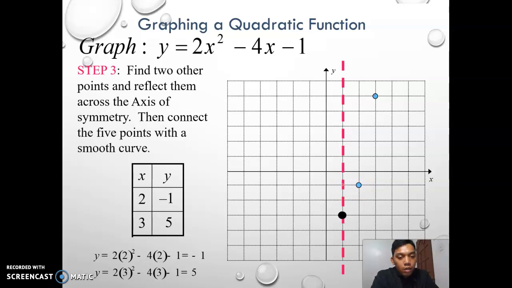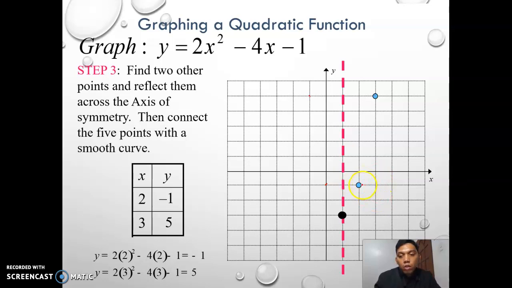So if I locate that on the other side, I will count also 1 unit to the left. So it's here. And this one is 2 units away, so I'm going to count also 2 units. 1, 2. These are the reflections of these points.